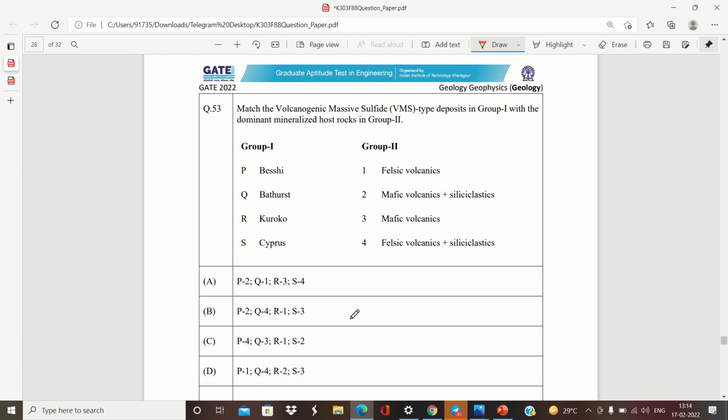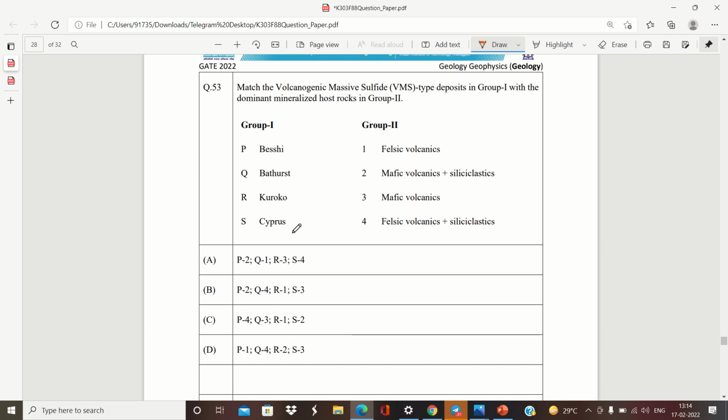Then question number 53. For this you have to read about the different types, although they are asked in previous year papers also, the different types of the volcanic massive sulfide deposits, but in this paper they have asked about the associated rock units.